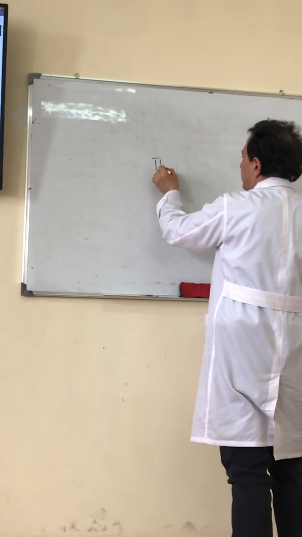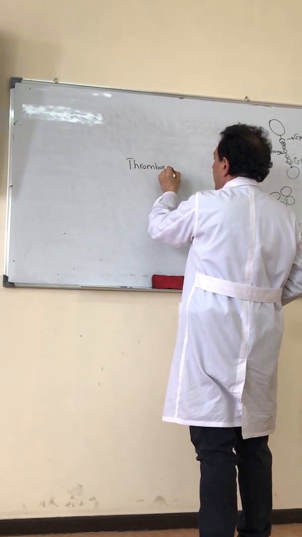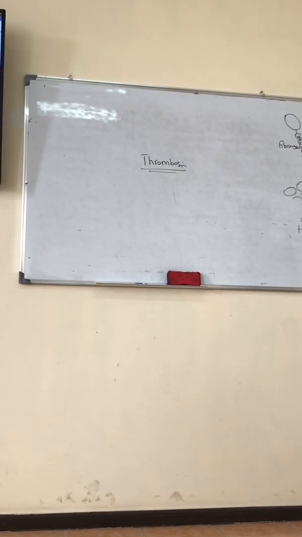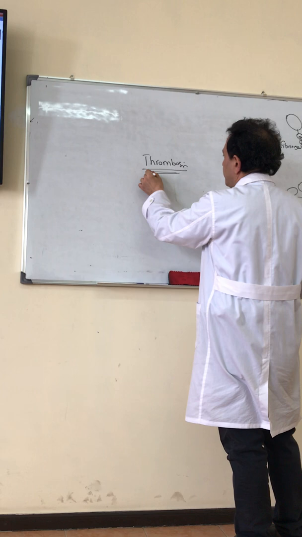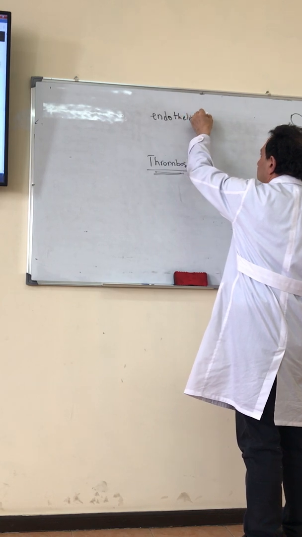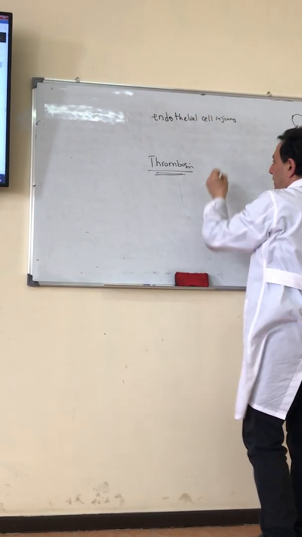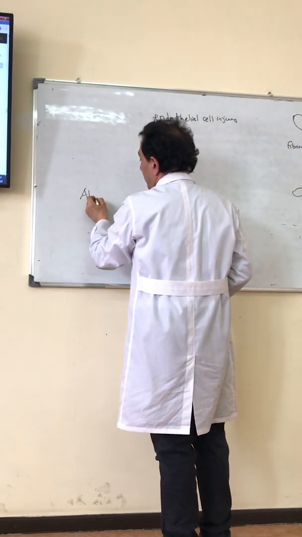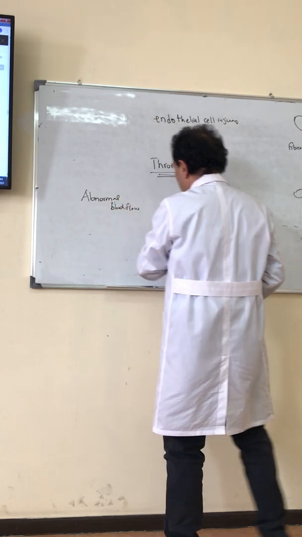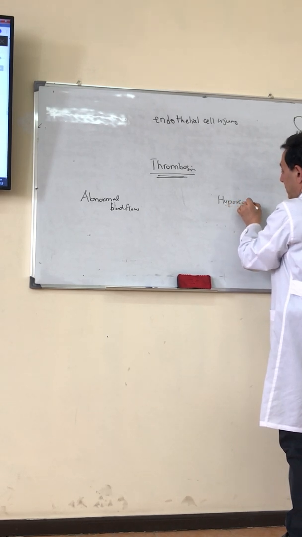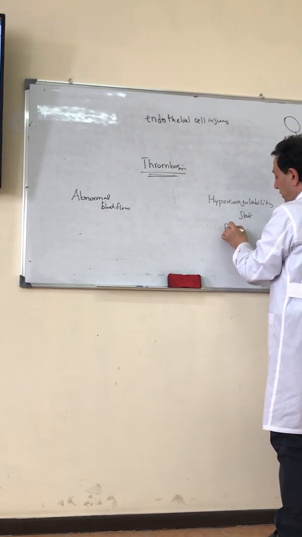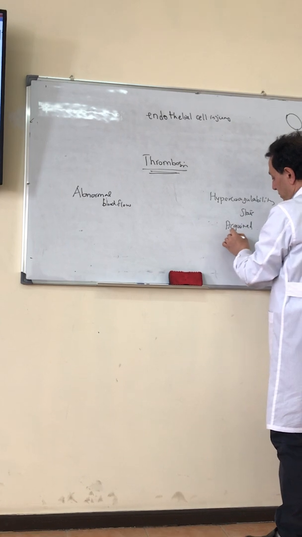So thrombosis, which makes masses composed of platelets, fibrin, and red blood cells in veins and arteries, can be due to endothelial cell injury, or abnormal blood flow, or a hypercoagulability state, which may be both acquired or inherited.